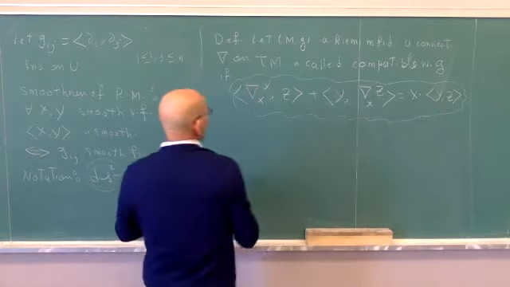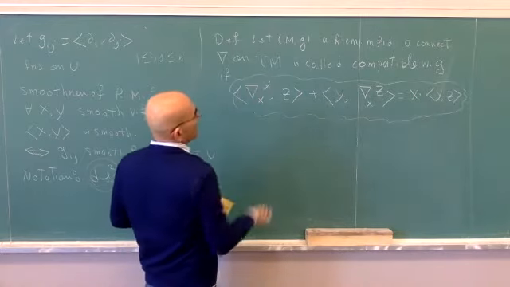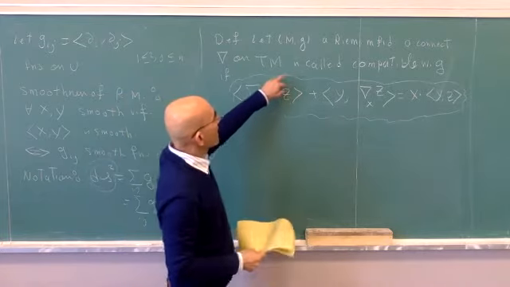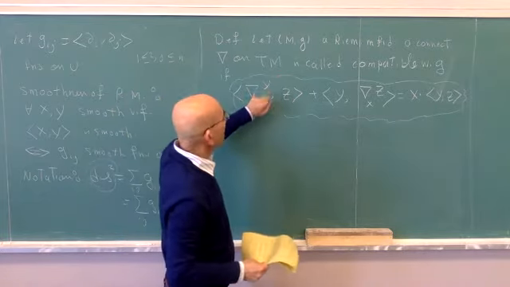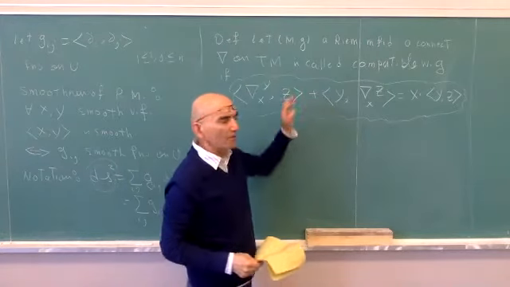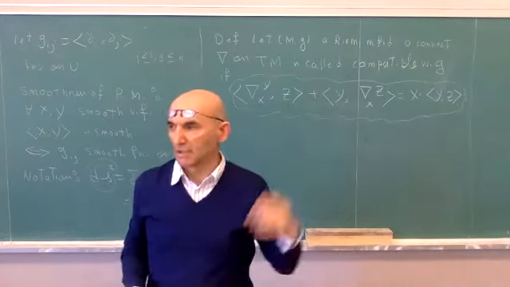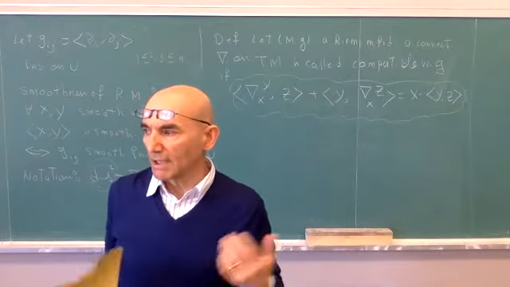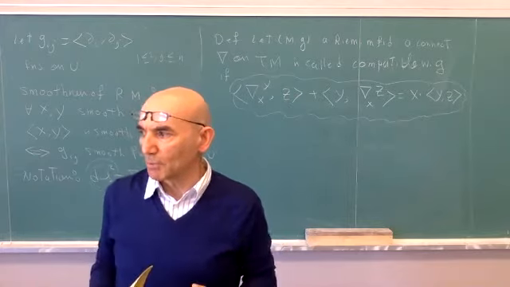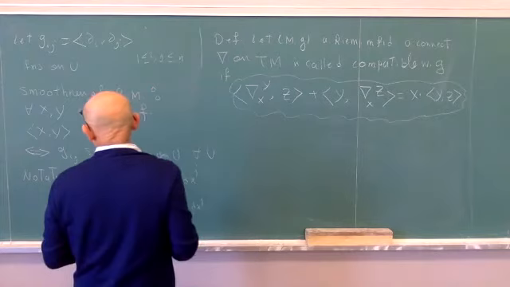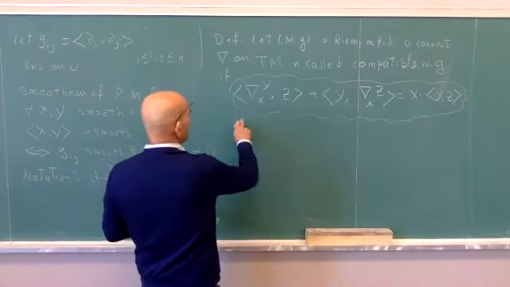So this is the definition. In that case, we just say that nabla is compatible with the metric. In this form, it's not very easy to motivate this definition. This is a definition that is very good, has a very nice algebraic expression, but geometrically it's not clear what it means.